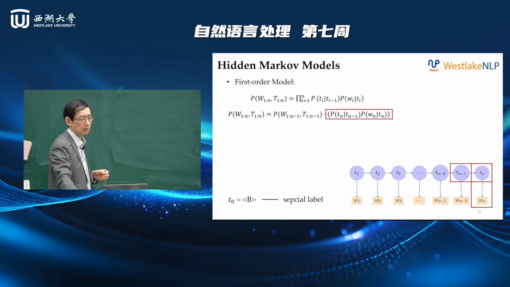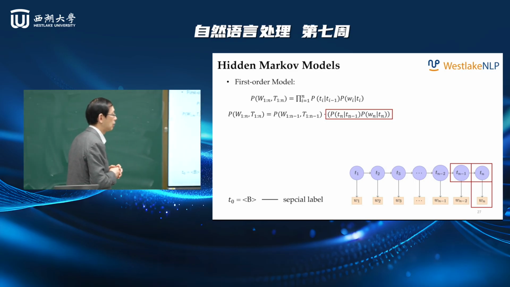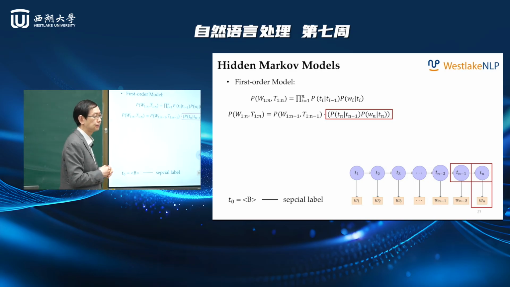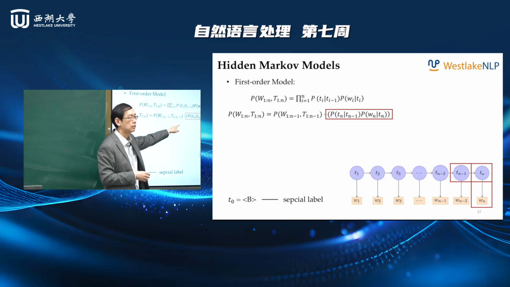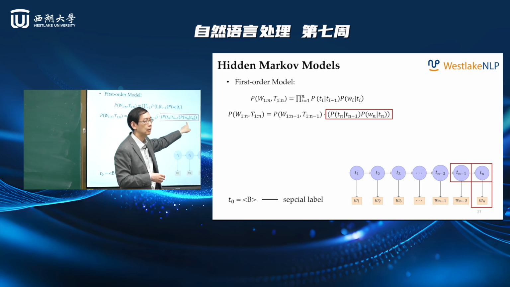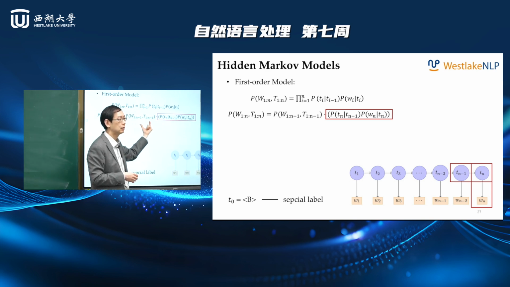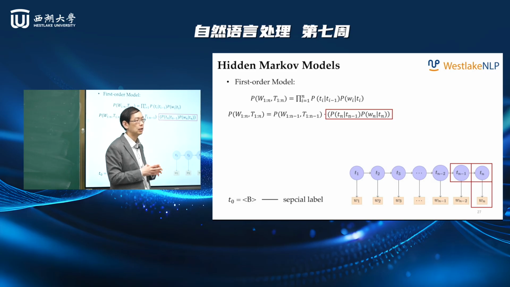Let's factorize this model probability first. From the total product, I can take the last word out: the emission and the transition probability. And I name the remaining part the probability of the first word until the n-1 word, the first tag until the n-1 tag.